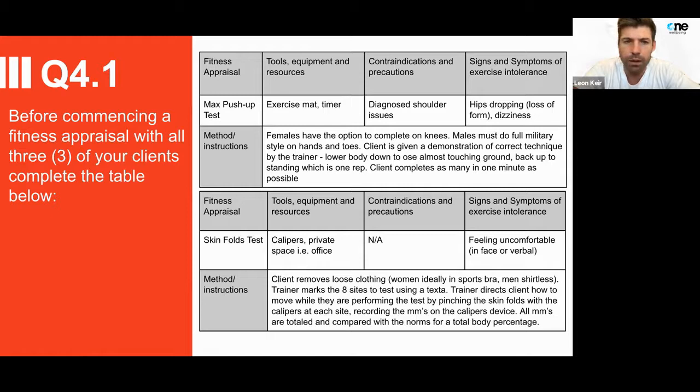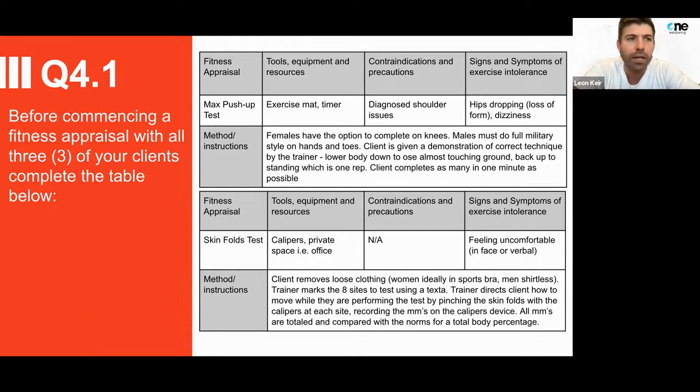So with a max push-up test, I think the biggest key of this one is just make sure that if the client does the test on their knees, the next time they do it on their knees. They don't do it on their toes, because it's not going to be a true indication of how much they've improved if they've gone from doing it from their knees the first time, then doing it on their toes their second time, because it's a whole different movement when you're doing a push-up from your knees to your toes.